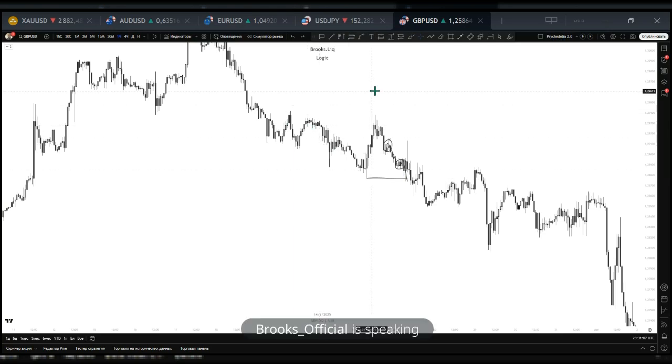Let me mark out my Fibonacci and allow you to see. You can see price reacting from this block and price coming back into the 50% of the same block.